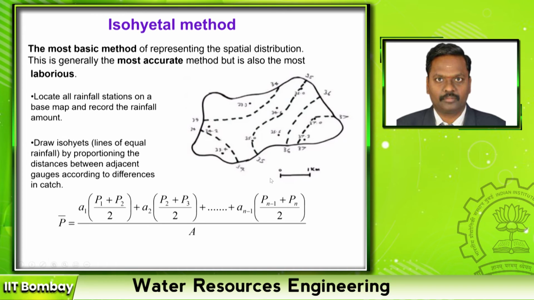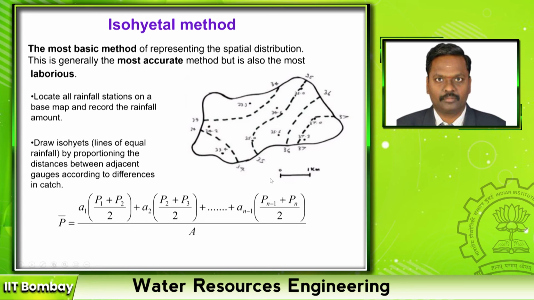For example, I have given a simple problem. There are 4 rain gauge stations A, B, C, D located in a catchment area which is approximately circular, as shown in the figure. So I have the rainfall of A, B, C, D. Find out the average by constructing the Thiessen polygon. How to do that? First, you connect station A to B, B to C, C to D, D to A. Then draw perpendiculars.